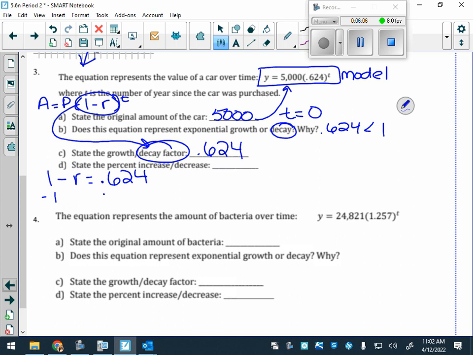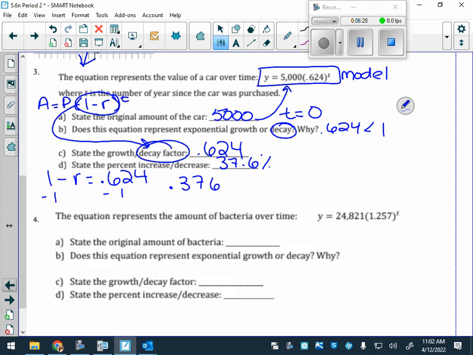When we subtract 1, solve for R, you get 0.376, which is for now 37.6%. Okay? Right. So the decay factor is 1 minus R, which they did for you.